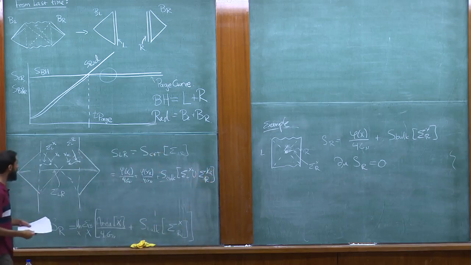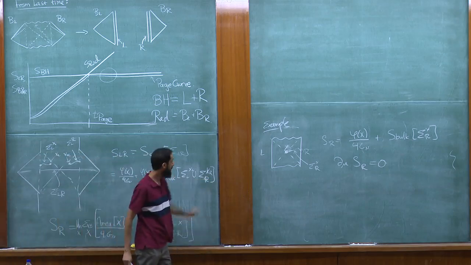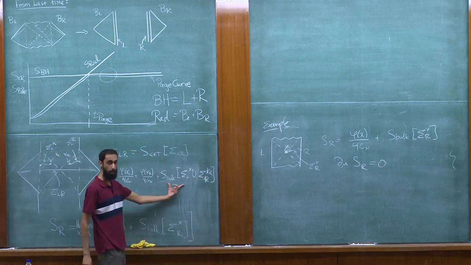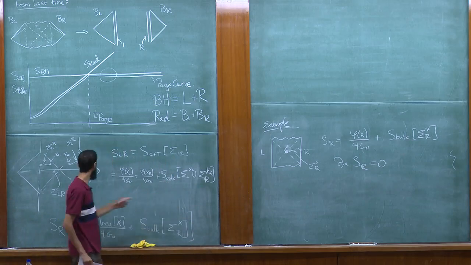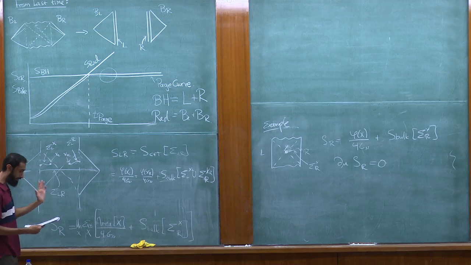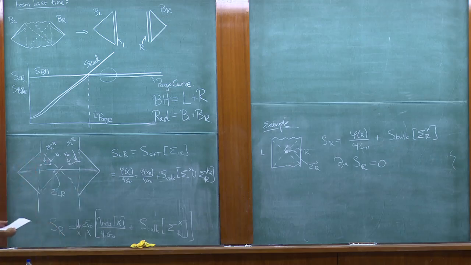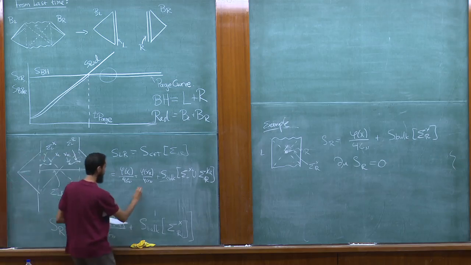Okay? So that's one contribution, which looks a lot like what we had here. There's an interesting thing where the S bulk is the entropy of the union of the two regions. So that's one candidate surface, and we need to extremize over the locations of these points. This I will call the disconnected surface.